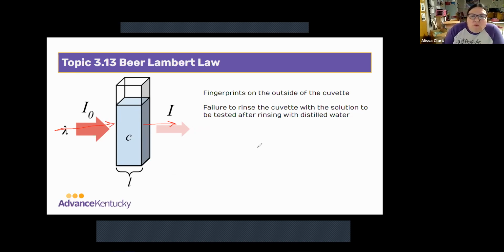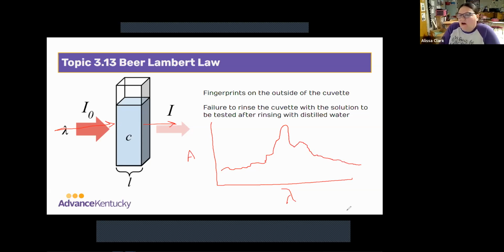So you want to make sure, if you think about when you shine all wavelengths of light on a substance, one of those wavelengths is going to do a much better job of being absorbed by the molecules in that solution than others.